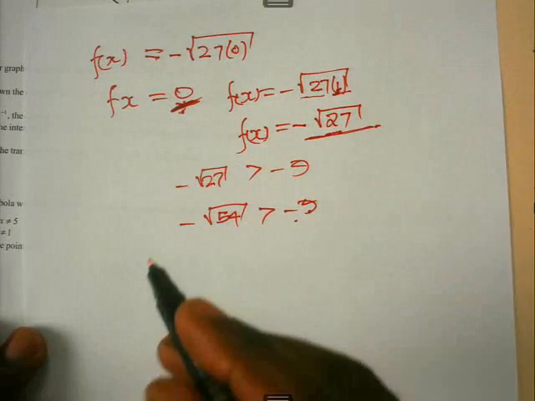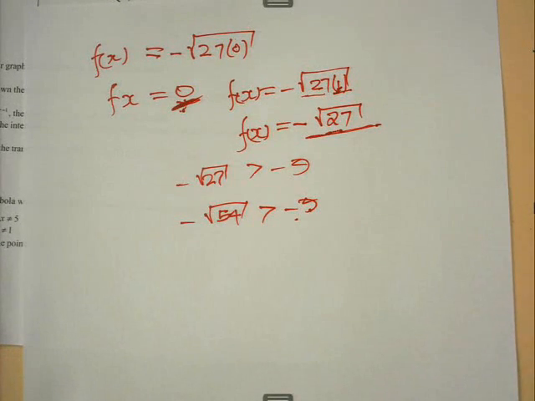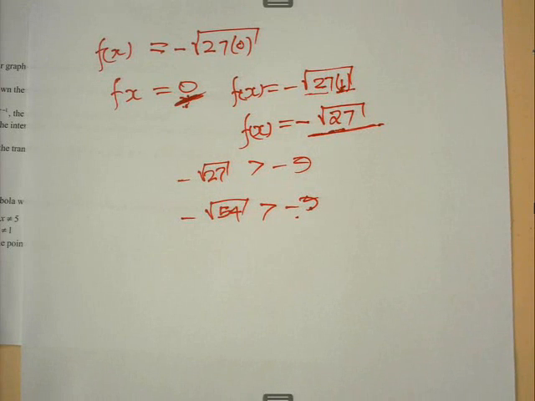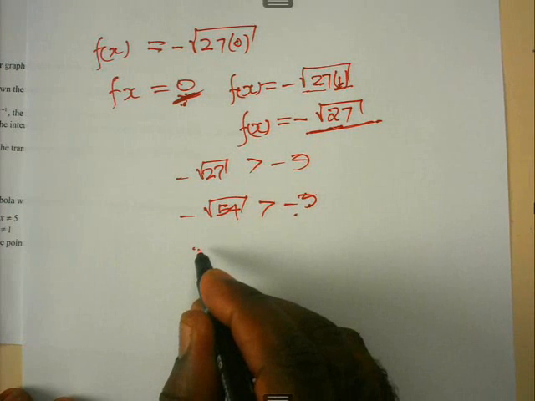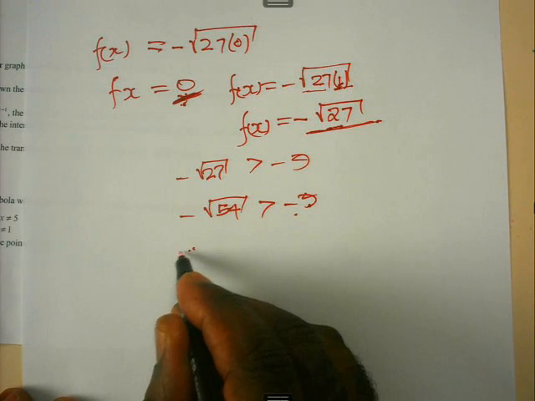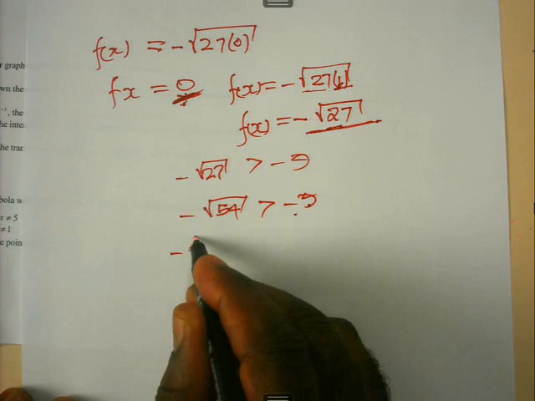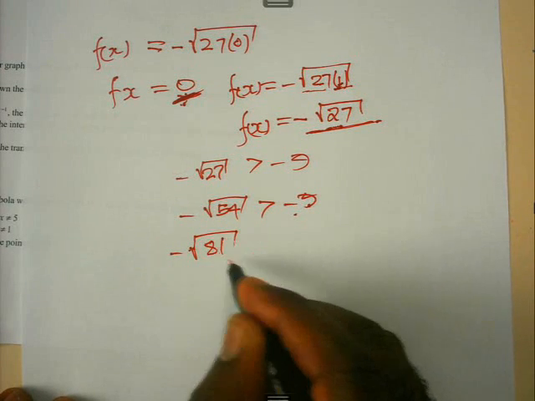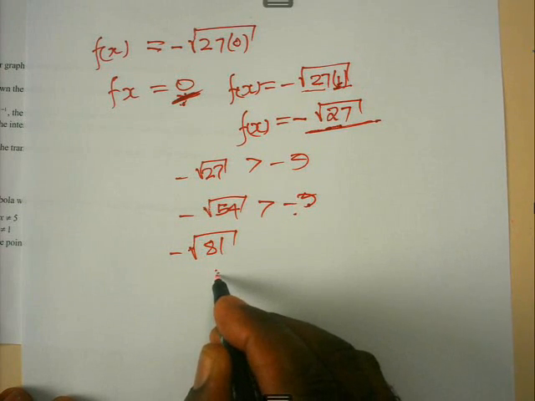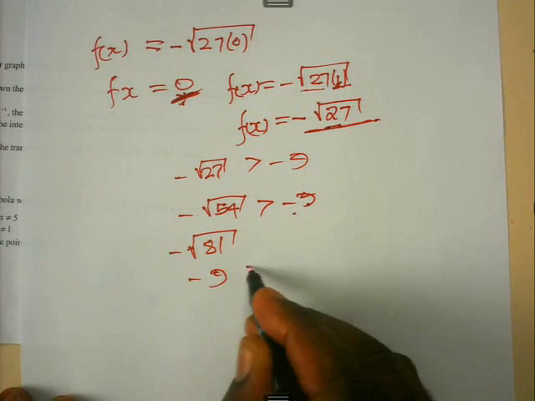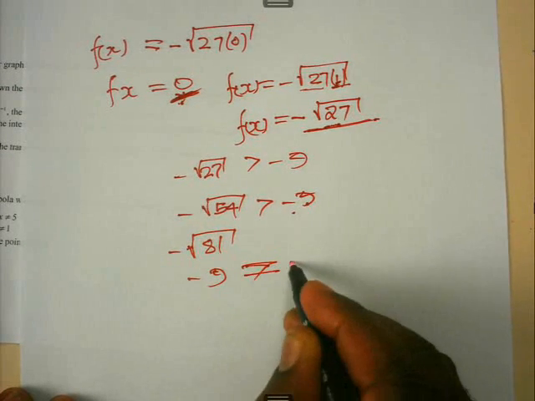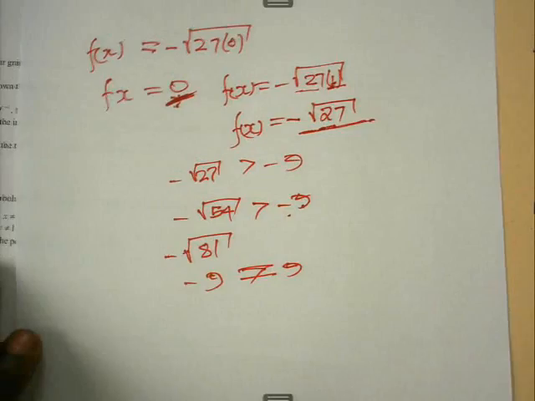If we substitute 3, we have 27 multiplied by 3, which gives us 81. At 81, what is the square root of 81? It is 9, but we have negative 9. So negative 9 is equal to negative 9. Indeed, we can't go beyond that.